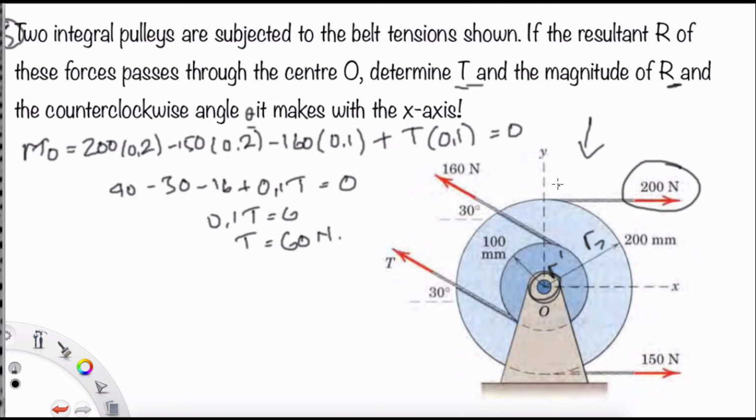The distance to this one is R2, 0.2 meters, and 0.1 meters times R2, and minus 150 times R2, and 150 times R1, and T times R1. We will have the value of T, which will be 60 Newton.